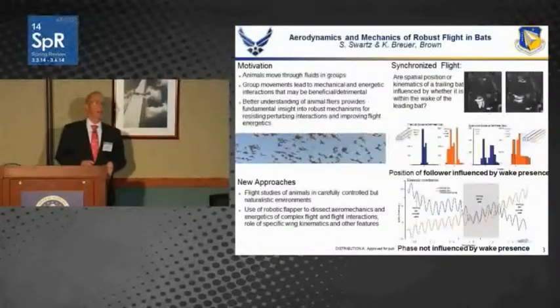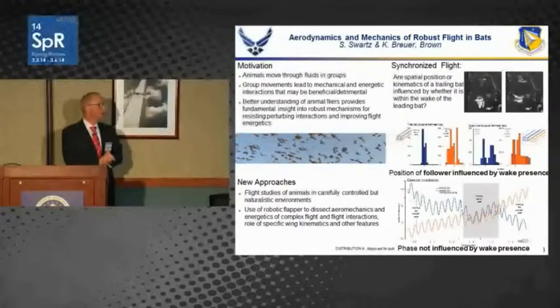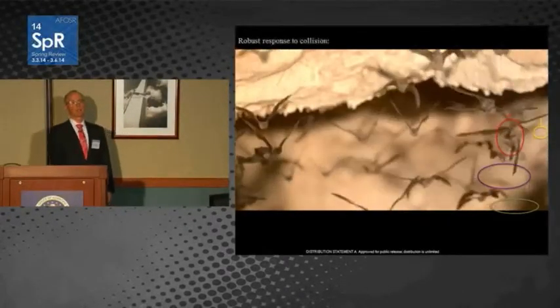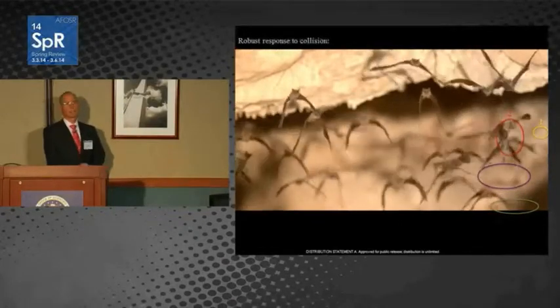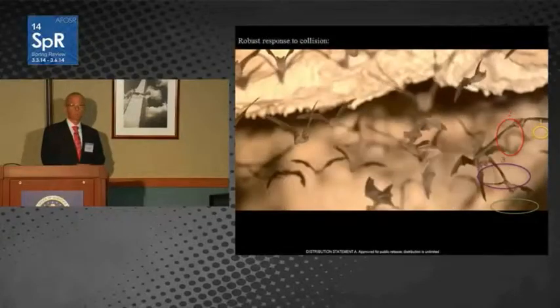It turns out that even though it's moving all over the place, it still manages to keep its beak on station and continue feeding. Very good. The other piece is we continue to support work by Sharon Swartz and Kenny Breuer at Brown on the aeromechanics of bats. This is work looking at bats flying together, and how they interact in terms of where they position themselves. We can see bats exiting, I think this is the Austin cave, but it doesn't make a difference where it is.